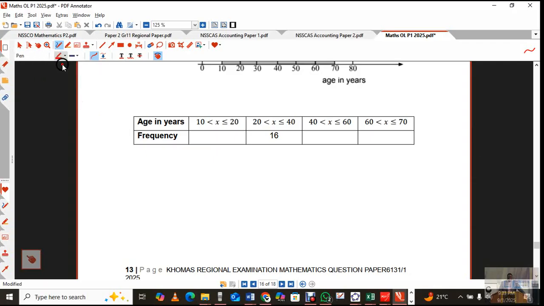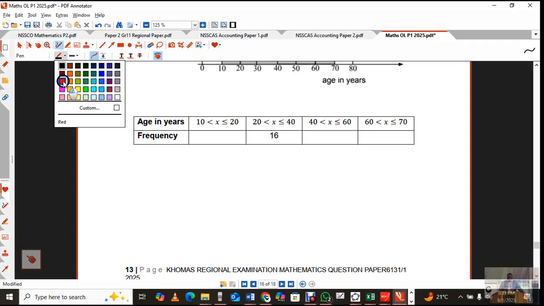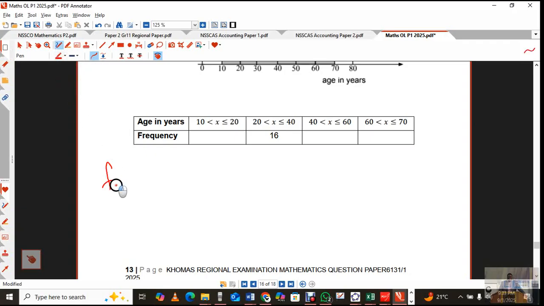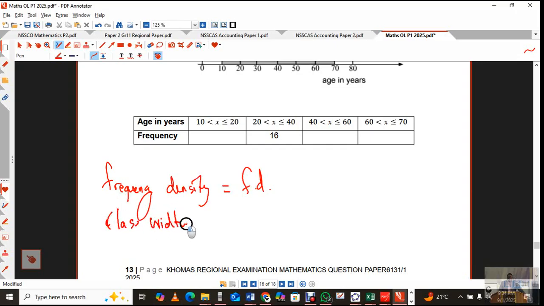So we have something called frequency density. And I'm going to abbreviate it as FD. Then we have something called class width. I'm going to abbreviate this as class width.